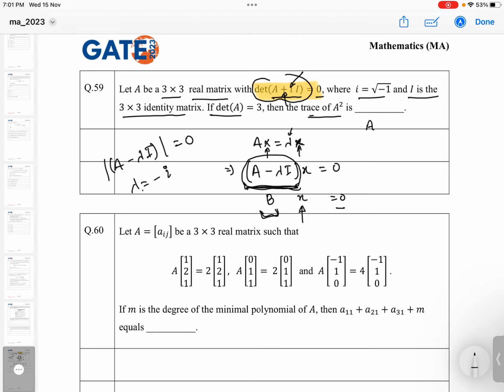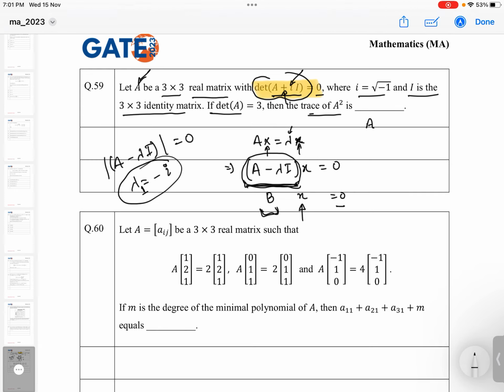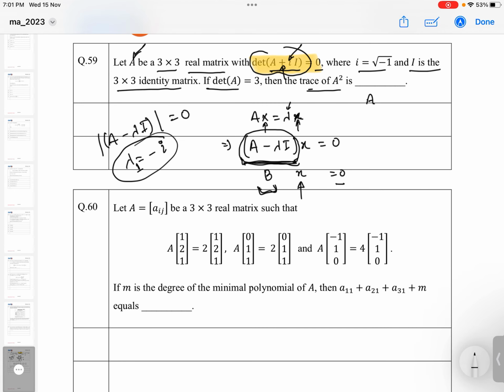So we have already found that one eigenvalue of matrix A is minus I. It will have three eigenvalues, and one of them is the imaginary number, 0 plus I, that is a complex number. Then the other eigenvalue will be the complement of this, so it will be plus I.